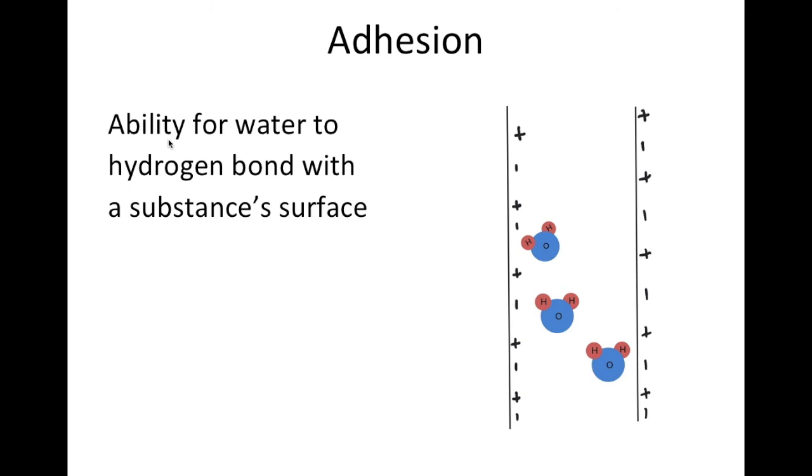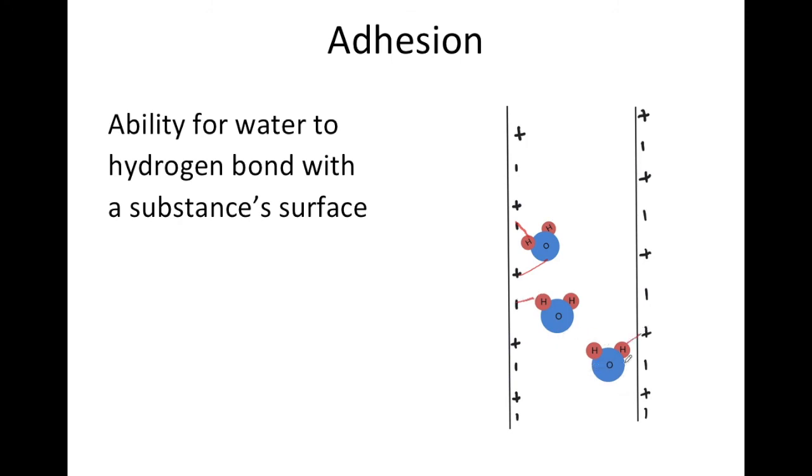The next property we're going to talk about is adhesion. So it's hard to think about it like this, but lots of substances have pockets of positive and negative charges, and water molecules are able to create their hydrogen bonds to adhere to a surface.